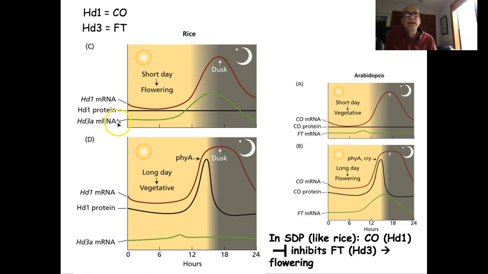Here you see that in rice, you have HD1 mRNA accumulating at the same time as HD3 FT mRNA accumulating. That is different in Arabidopsis, where it's the other way around. Here you have no FT or HD3 mRNA accumulating while the protein is active.